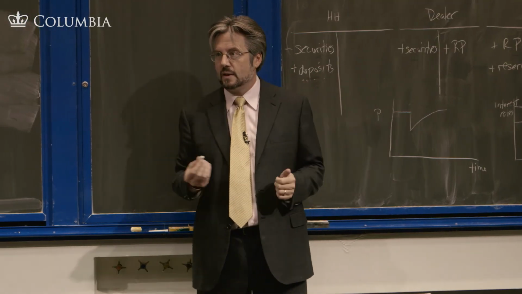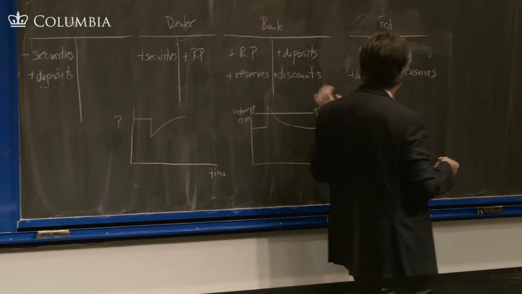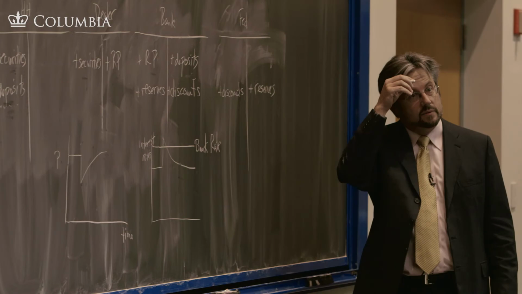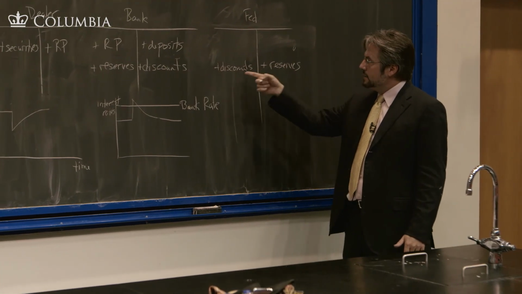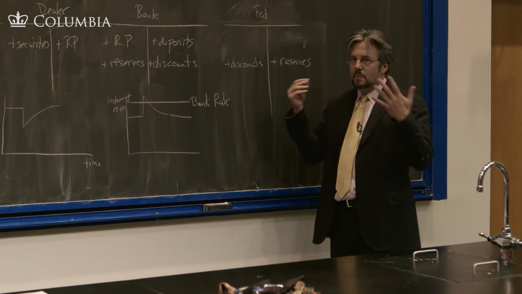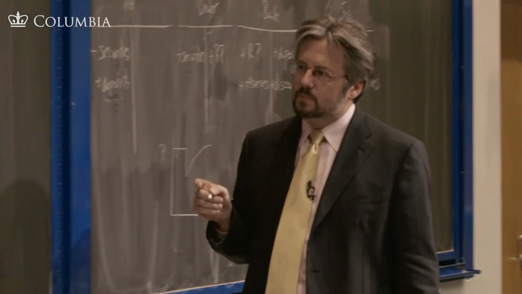That's how it works. There's an expansion of the balance sheet of the dealers, an expansion of the banks, and an expansion ultimately of the Fed. In doing so, the Fed is operating as a money market dealer, supporting the behavior of all of these people here, here, and here.